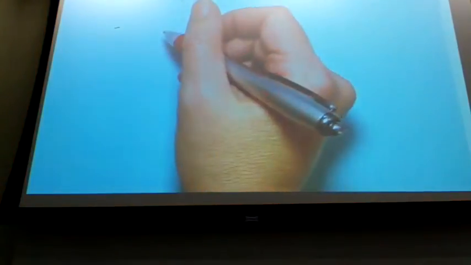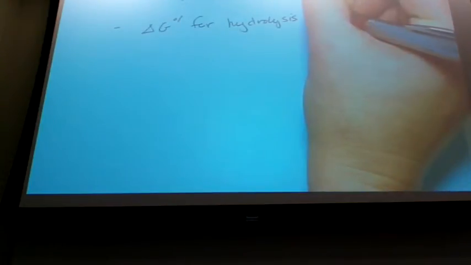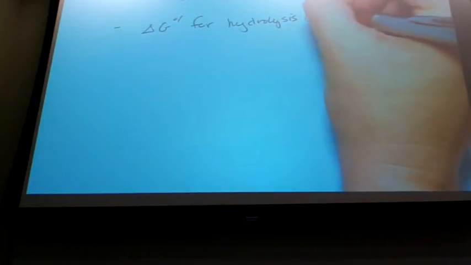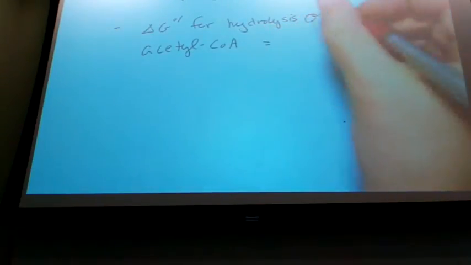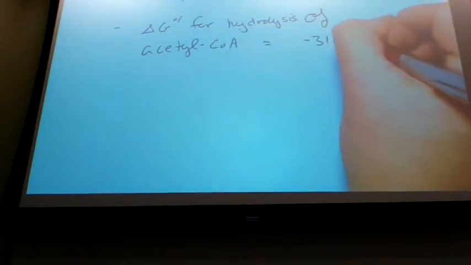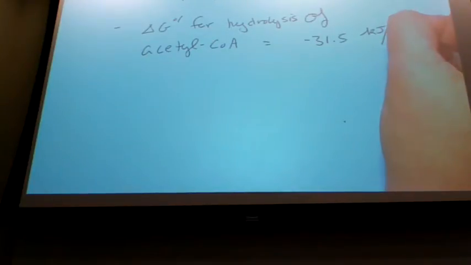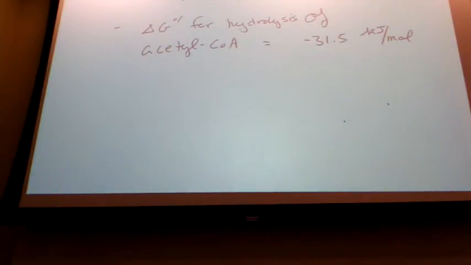It is. So if you hydrolyze this and you measure how much energy is given off, what was it? 7.4. There we go. The free energy change for hydrolysis. Just an example of an acetyl coenzyme A, which is one we're going to see in the future, is equal to a negative 31.5 kilojoules per mole, which is comparable to hydrolysis of ATP.